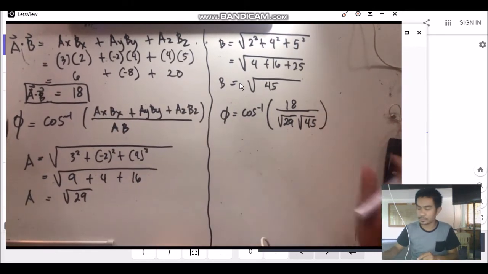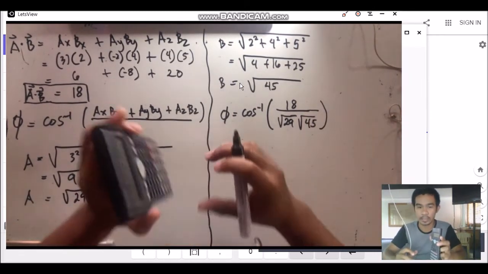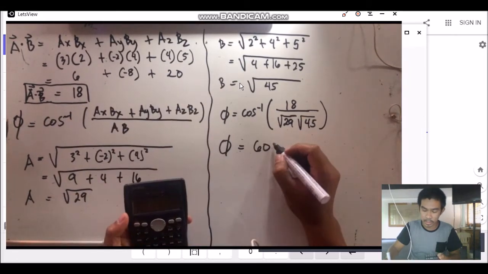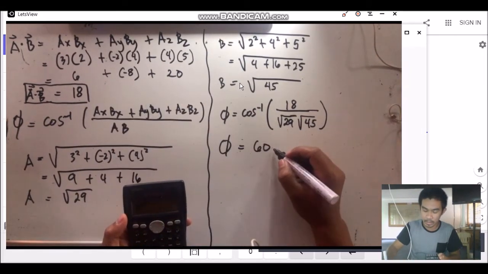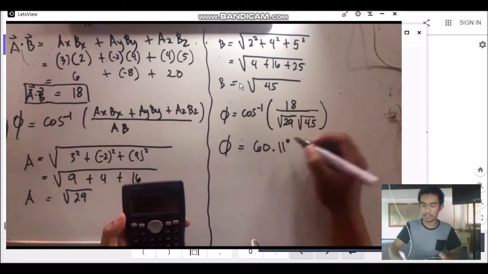Then let us solve using a calculator. Inverse cosine gives about 11 degrees.